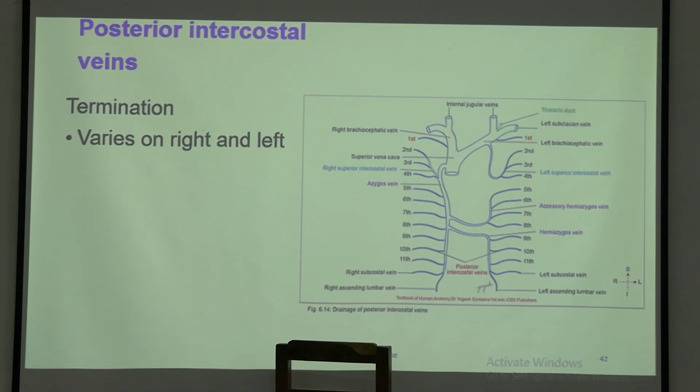Now you can find the first intercostal vein on the right drains into the right brachiocephalic vein and the left one drains into the left brachiocephalic vein. Okay. Now second, third and fourth join to form the right superior intercostal vein, and similarly the second, third and fourth join to form the left superior intercostal vein.